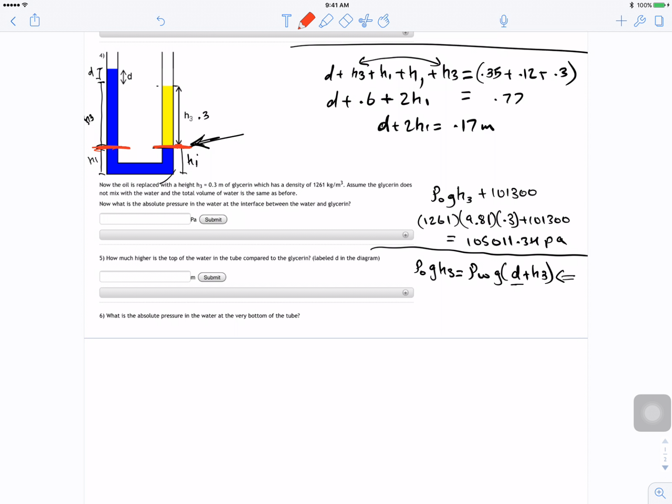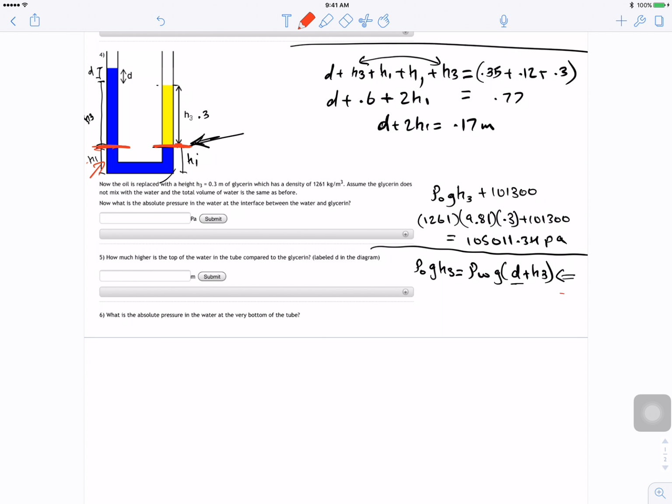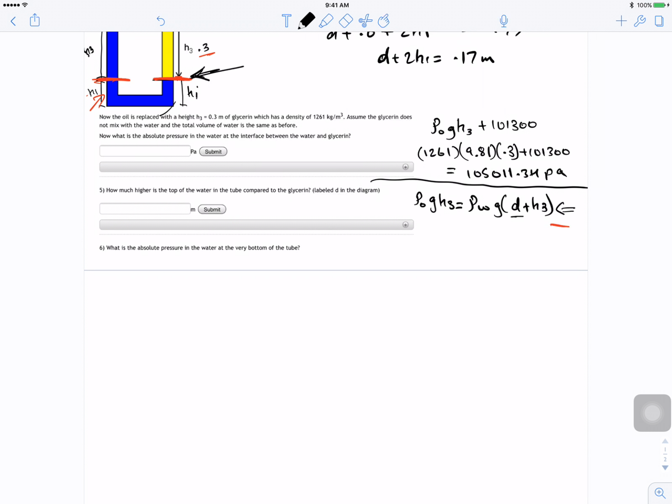The height for the water on the left side is D plus H3, and the height for the oil side is 0.3.